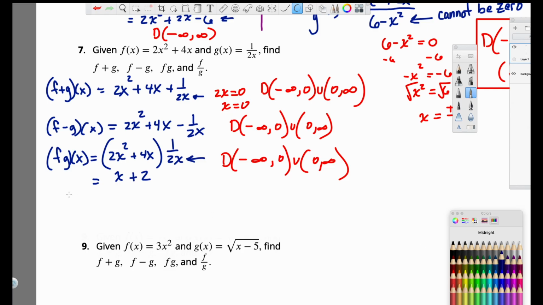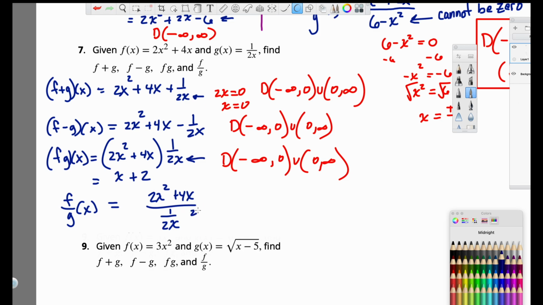And then the last one, f divided by g. What do we have? 2x squared plus 4x divided by 1 over 2x. Still, we could simplify this. In fact, we can.